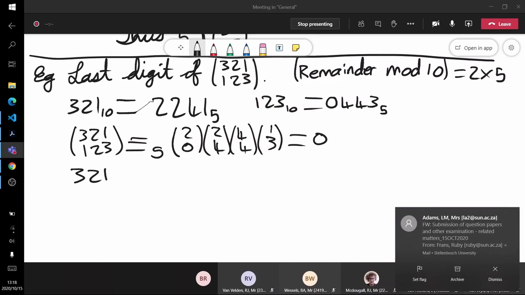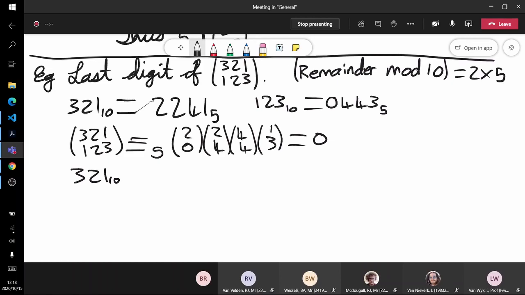So 321, if we write that in base 2, what is that in base 2?